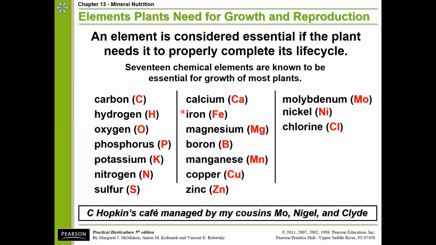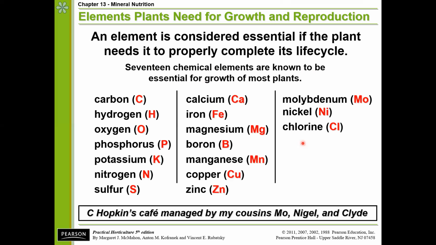Cafe is calcium and iron, Ca and Fe. Magnesium, boron, managed by manganese, my cousins, copper, and zinc. And then Mo, Nigel, and Clyde, molybdenum, nickel, and chlorine, respectively.